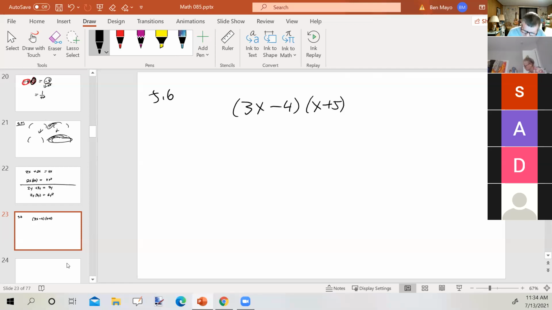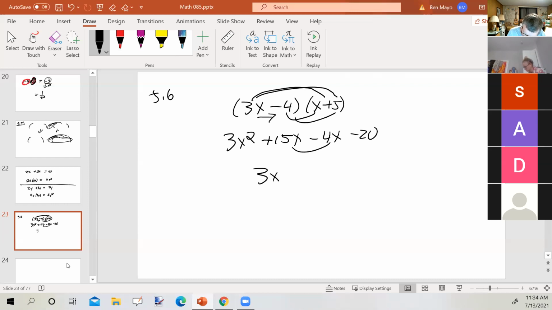You take each term in the first binomial and multiply it by each term in the second binomial. So 3x squared plus 15x. And then you go on to the next term. So minus 4x minus 20. Combining like terms, 3x squared plus 11x minus 20. Okay, that kind of idea. Any questions about the FOIL method?